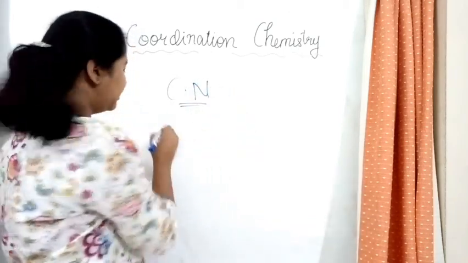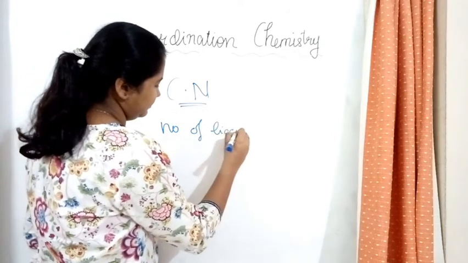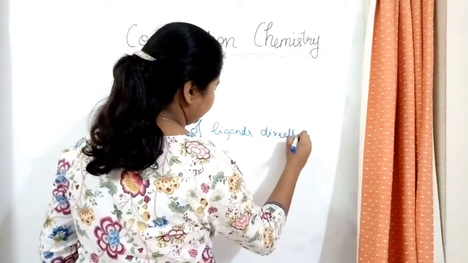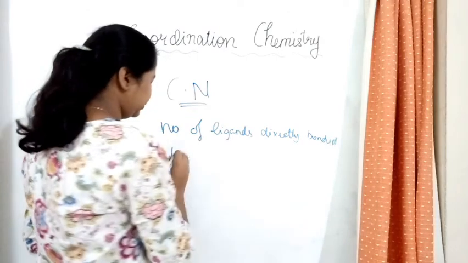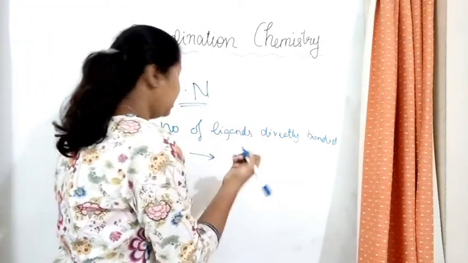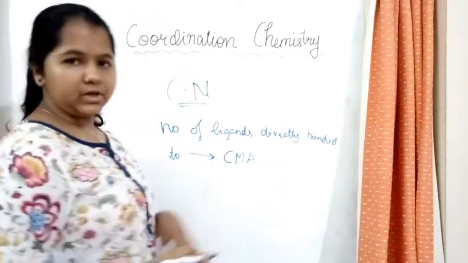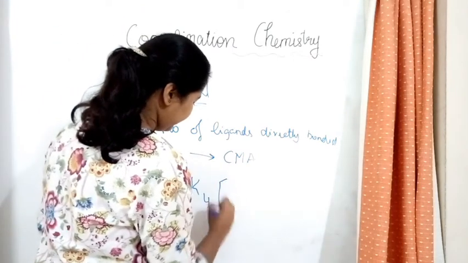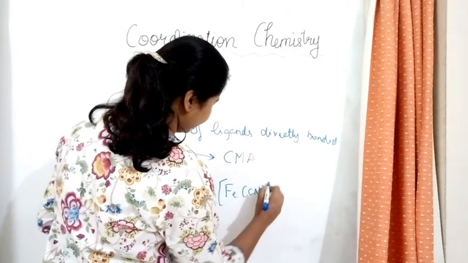Coordination number: the number of ligands directly bonded to the central metal atom. Let's take the example K4[Fe(CN)6].